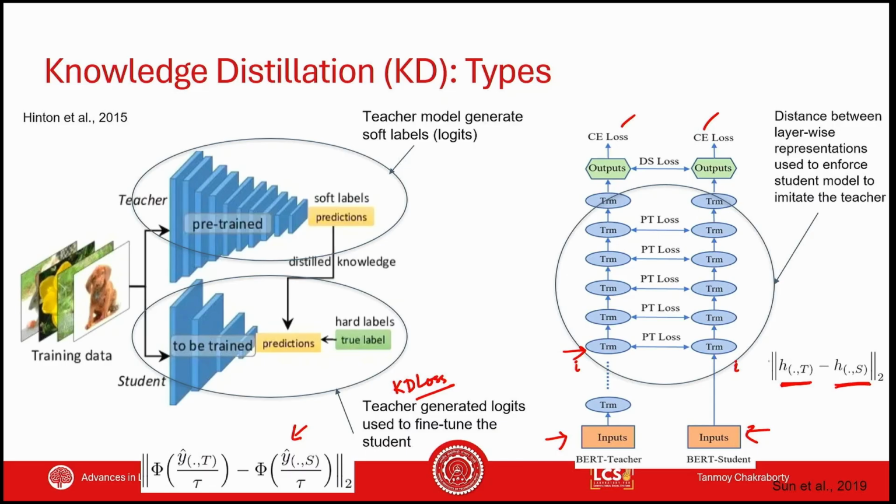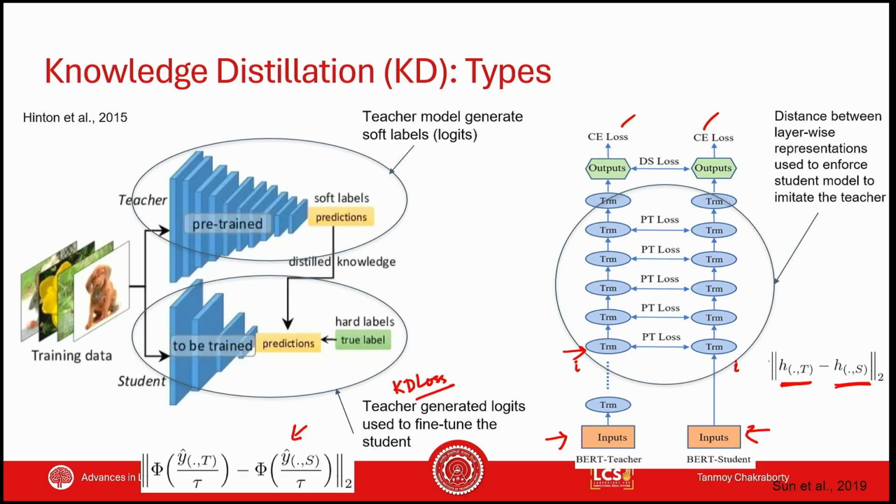Then you minimize the difference. Now the question is, the number of layers is different for the teacher model and the student model. The teacher model has 12 layers, the student model has 6 layers. So how do you make a correspondence between the ith teacher layer and the ith student layer? What they said is that you don't need to look at all the layers; you only look at the top 4 layers, for example, or top 5 layers, or top 3 layers, and then you compute this loss.